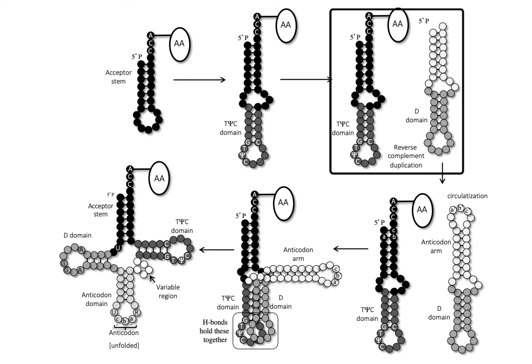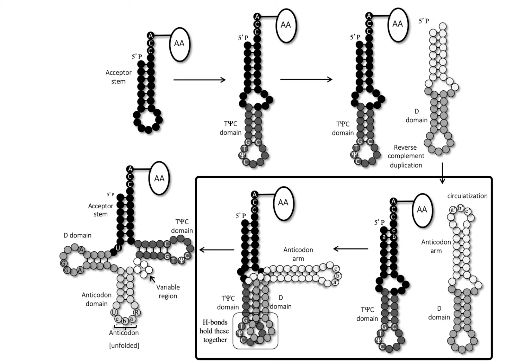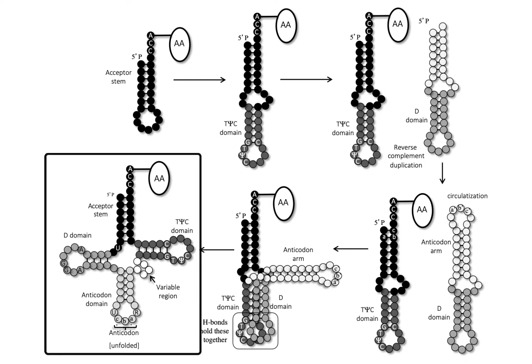And then this duplicated. They then came together in this form, which when you spread it out, after you join these together, you come out with the modern look of a tRNA. And all of this probably occurred between 3.8 and 4.2 billion years ago.